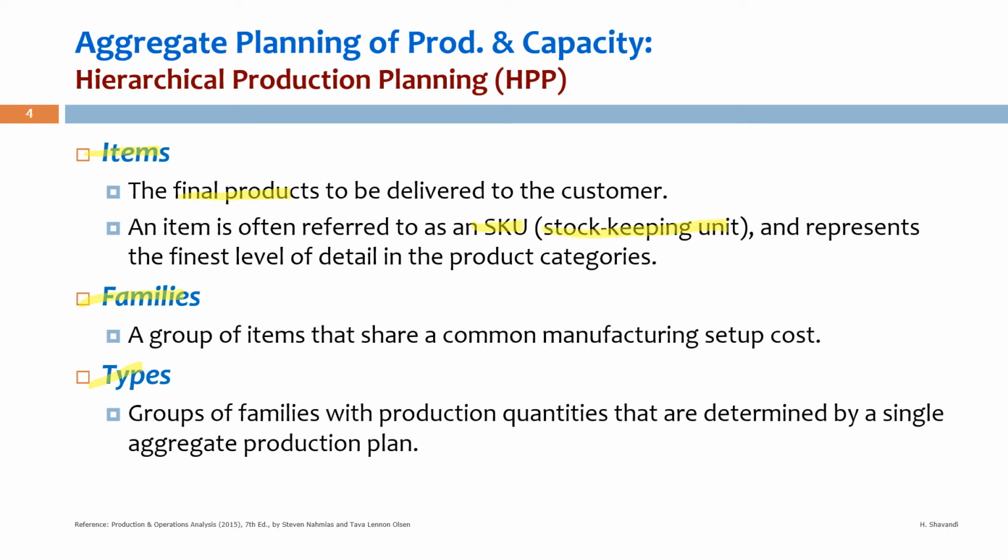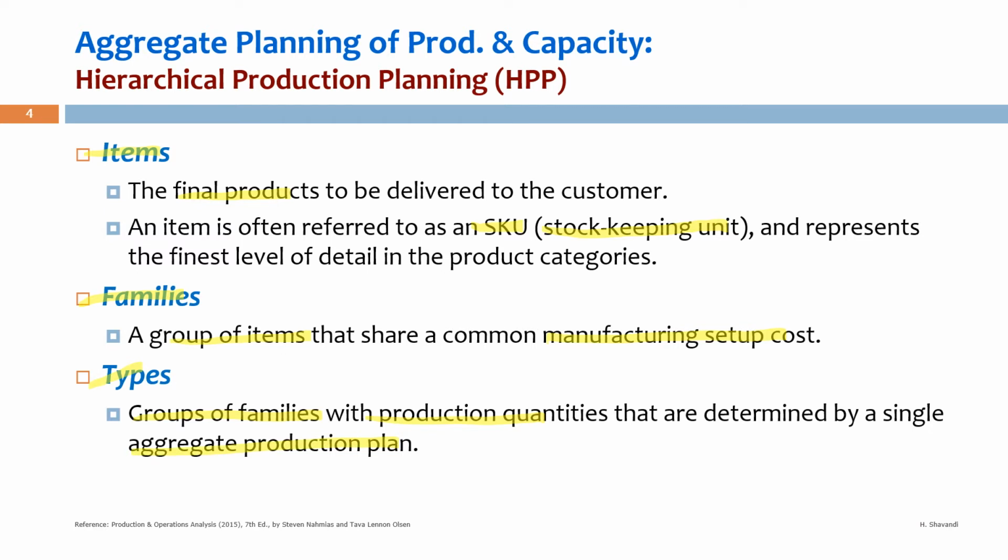If we group the similar items in a family of items, then we shape the families. The families are groups of items that share a common manufacturing setup cost, and then we are able to group the families as well into types. Types are groups of families with production quantities that are determined by a single aggregate production plan.